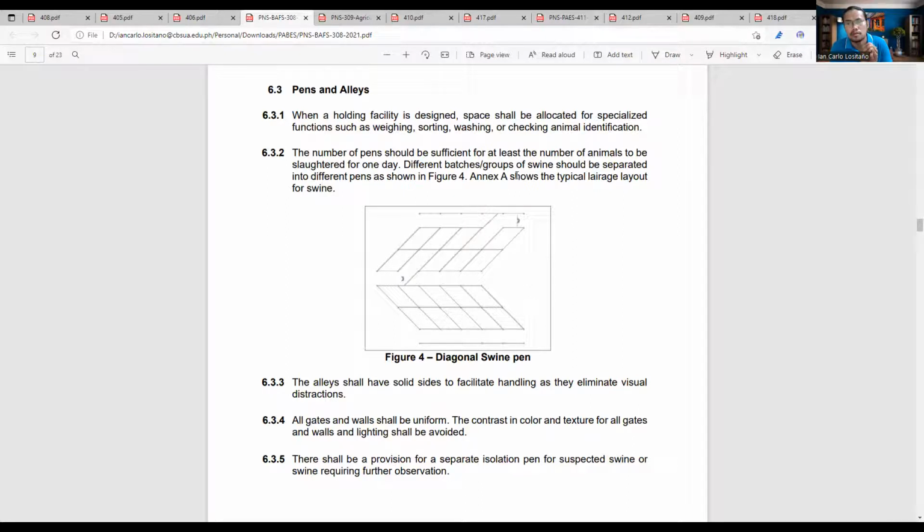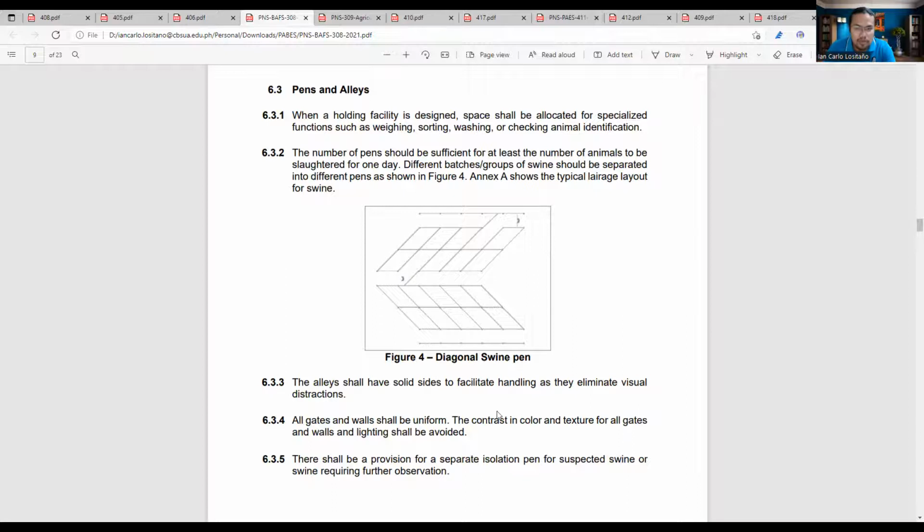Those that are unfit are removed from the lot. It is also recommended to have the animals in different batches to facilitate easy determination of their farm sources, which is called product traceability.